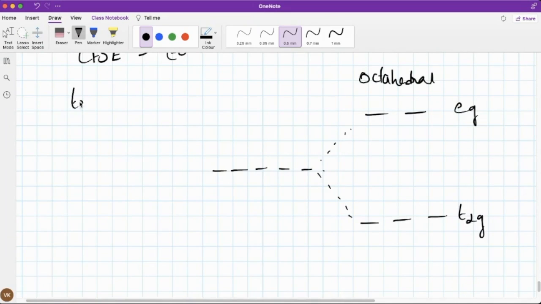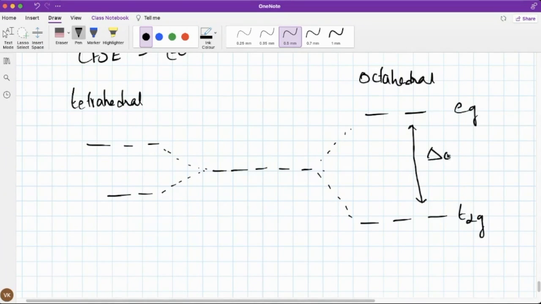In tetrahedral geometry, it will be like this. This is delta naught and this is delta t.